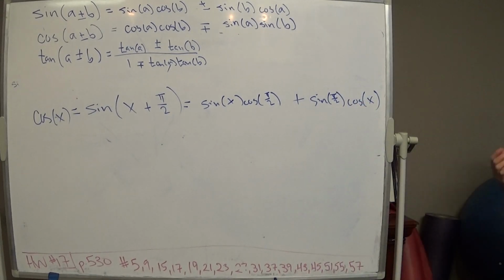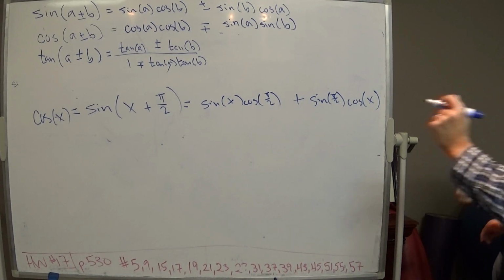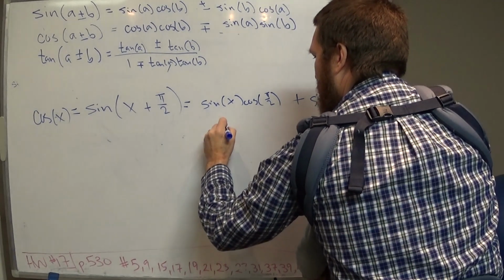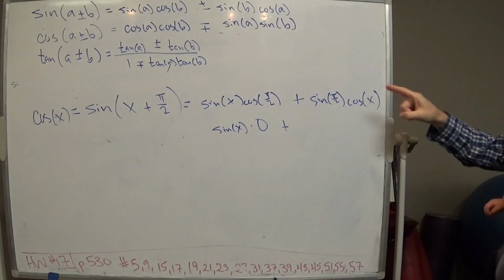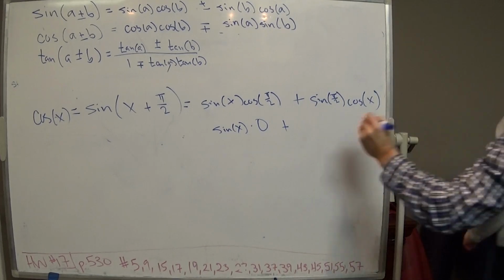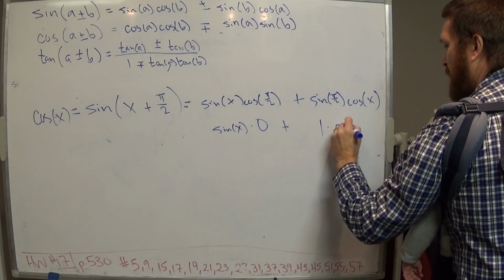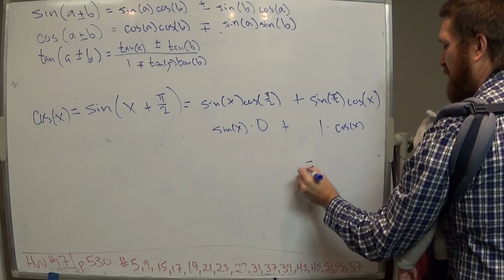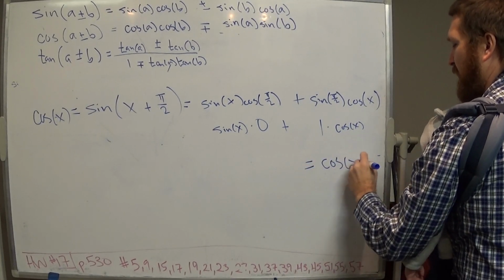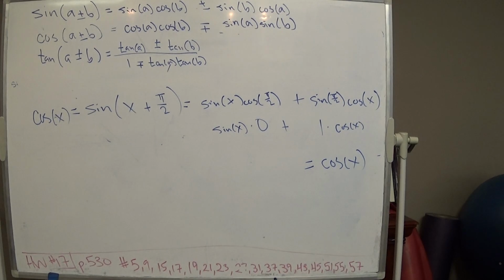And cosine pi over 2 is equal to what? No, 0. It's equal to 0. So this is sine x times 0, plus, what's sine of pi over 2? 1. 1 times cosine x. That's 0. That's 1. This is just plain old cosine x. That's pretty cool.